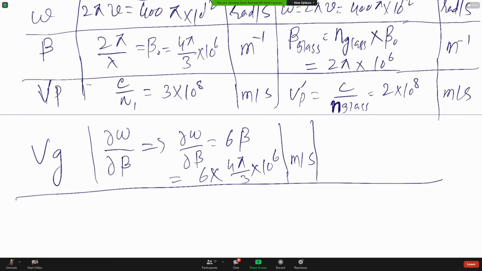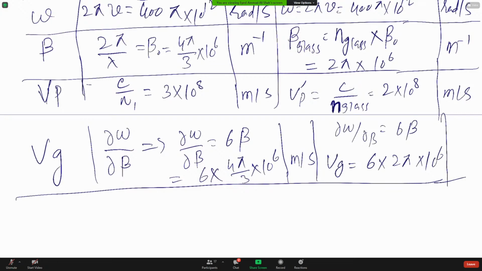What happened here? You have curly omega over curly beta equal to 6 beta. So Vg is now 6 into 2 pi into 10 to the power 6, 12 pi, and units are meter per second.